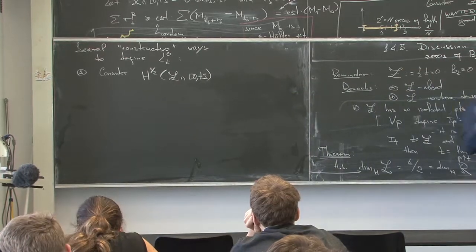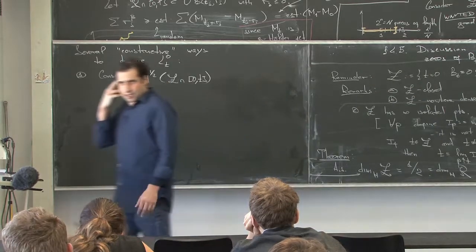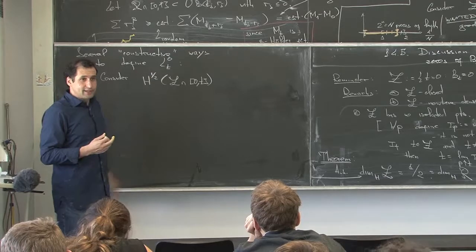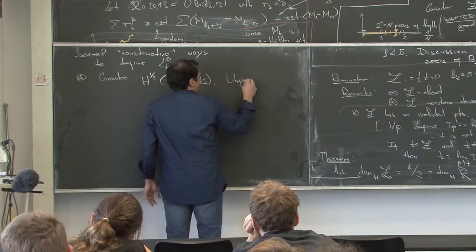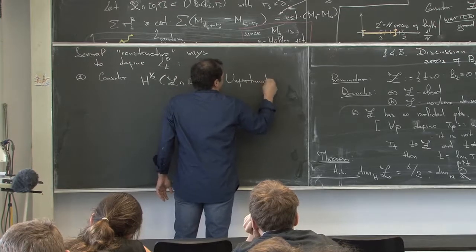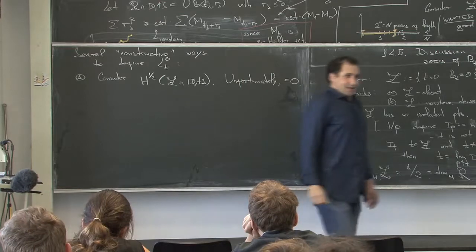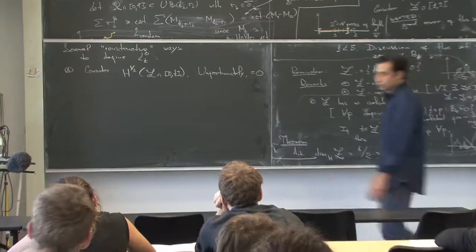So we know that the Lebesgue measure is 0, but maybe some other measure works. Well, this would be the nicest way to define it. Unfortunately, it doesn't work. Unfortunately, this is just 0. So, oops. It was such a nice idea, but it doesn't work.